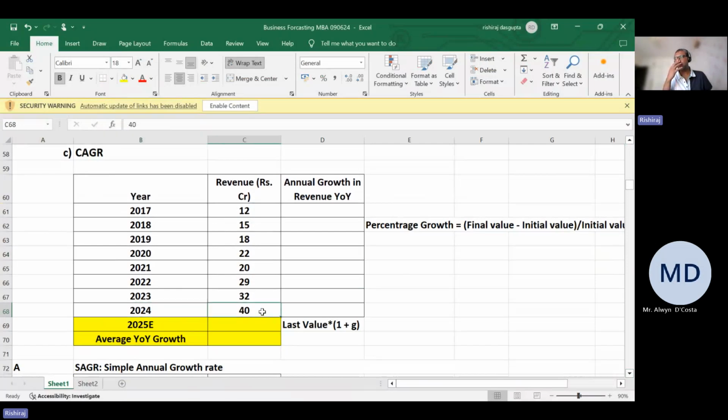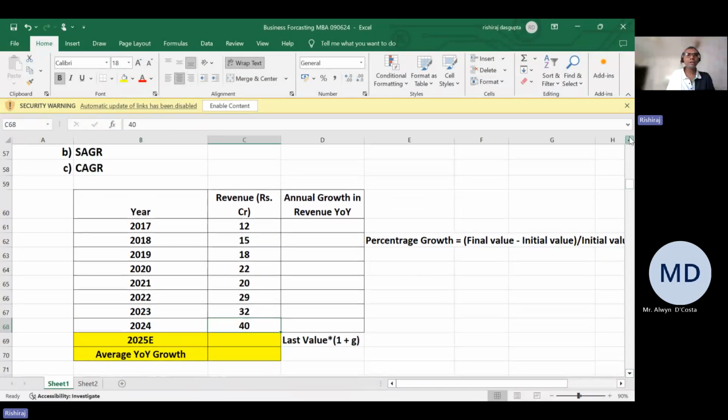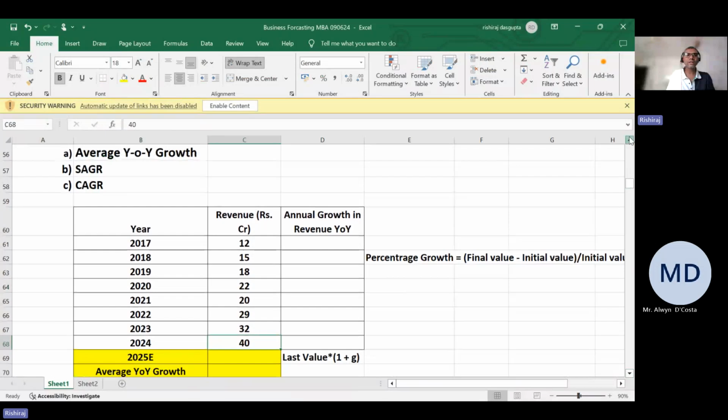It's a small to medium enterprise. The revenue grew from 12 crore to 40 crore, and this is given data. We collected the data from the company's historical revenue records, and the first method is called average annual YOY growth.